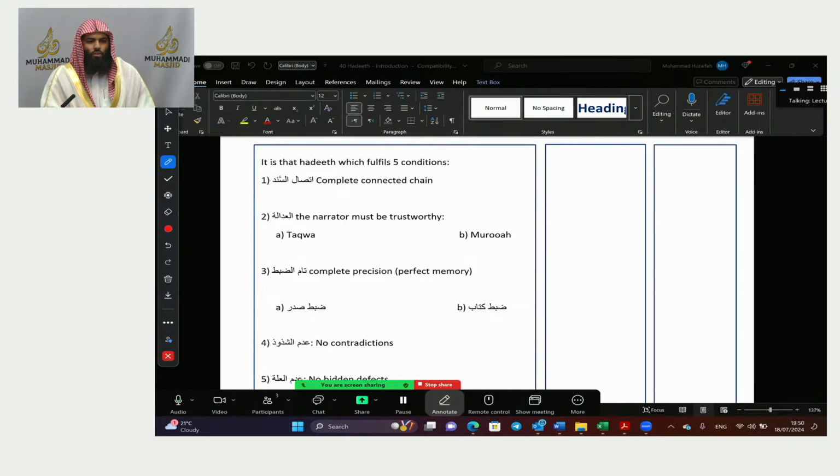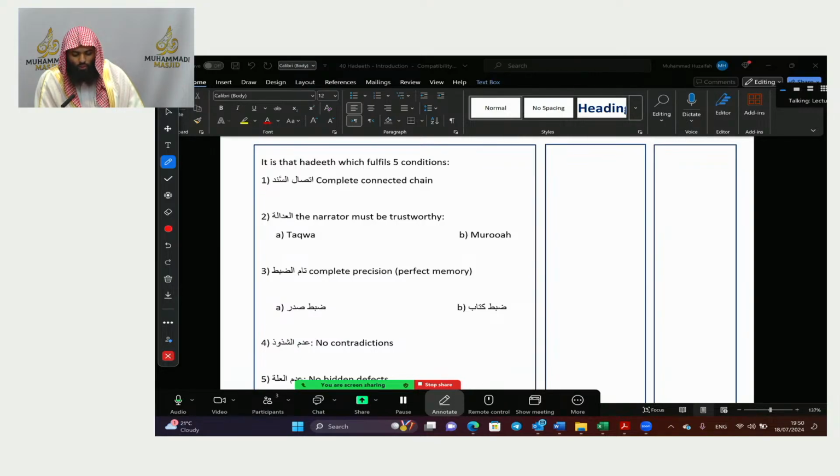Some of the muhaddithun, if they saw you standing and eating, they wouldn't accept hadith from you, because the sunnah is what? To sit down. So this would differ from time and place. But the main point is that if that narrator did not have muru'ah, they would not accept hadith from that person. So the second condition for a hadith to be considered sahih, authentic, is that not just one narrator, but all of the narrators in that chain have to be adil, trustworthy.